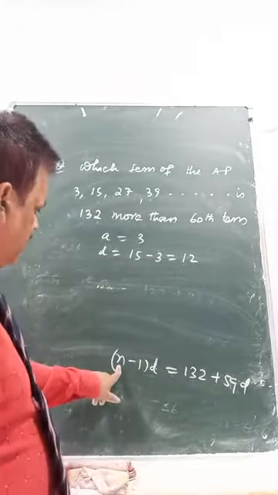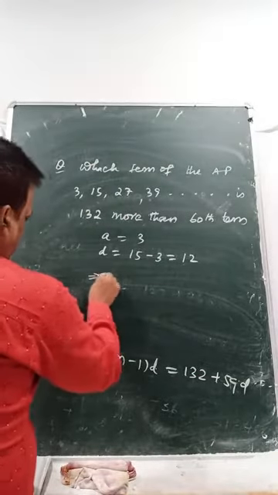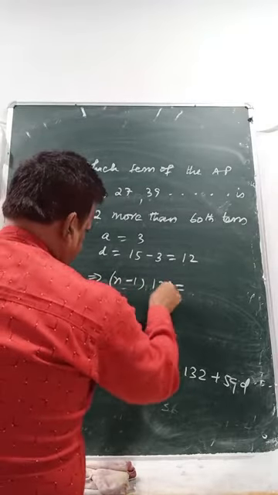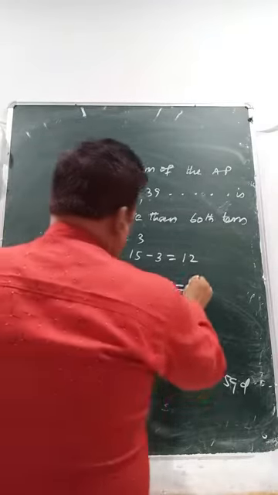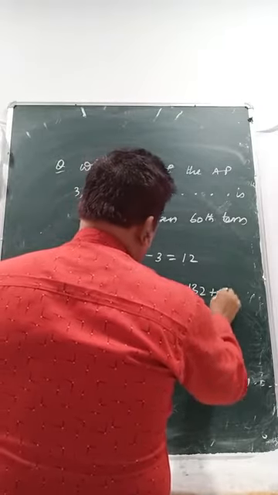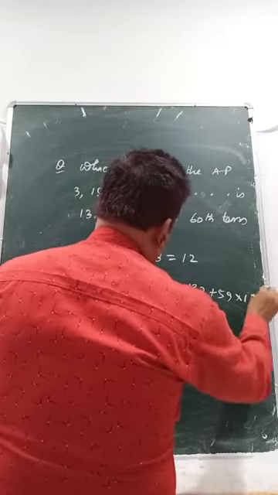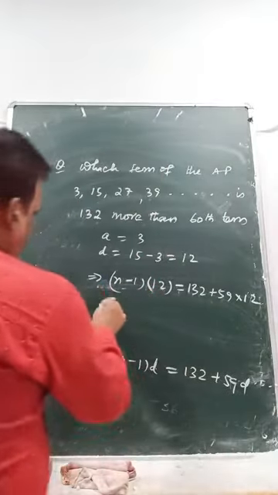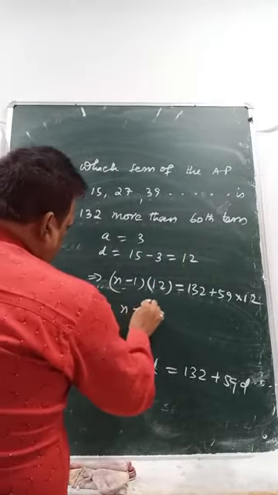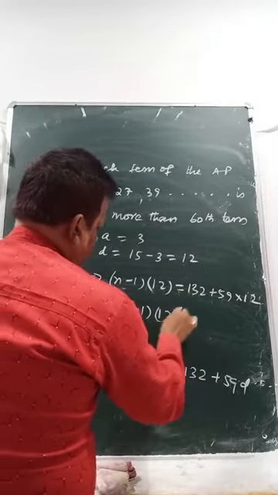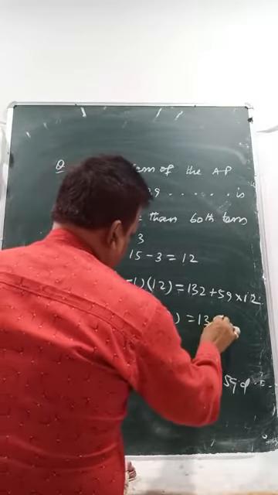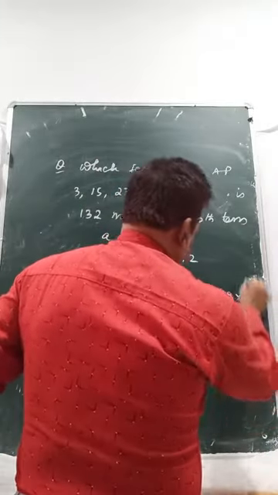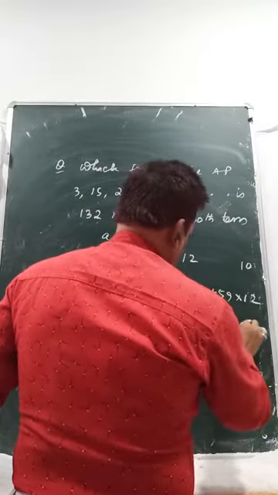Now if I put D as 12, n minus 1 into 12 equals 132 plus 59 into 12. So first you have to multiply these two. n minus 1 into 12 equals 132 plus 12 multiplied, 708.